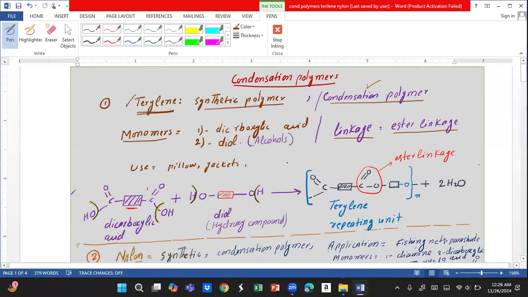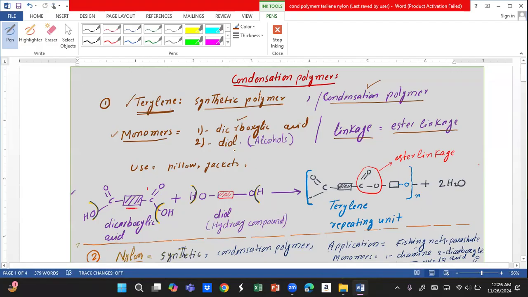Now, in order to make this polymer, what type of molecules are required? Those molecules are known as monomers. The two monomers which are repeating in the structure of terylene are dicarboxylic acids and diol.